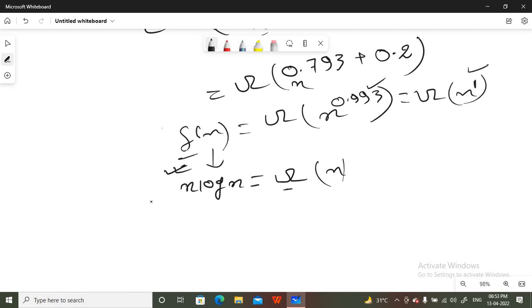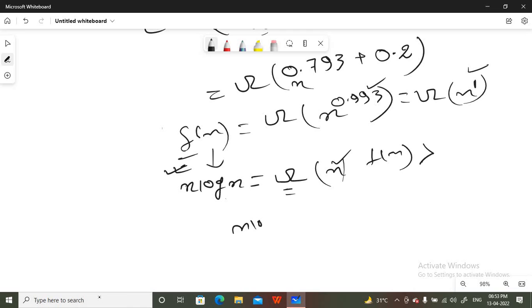You know the definition of omega: f(n) should be greater than this value. Is it possible here?